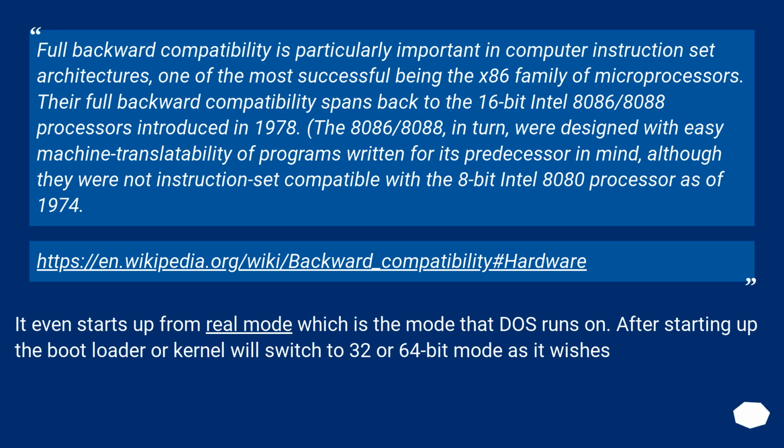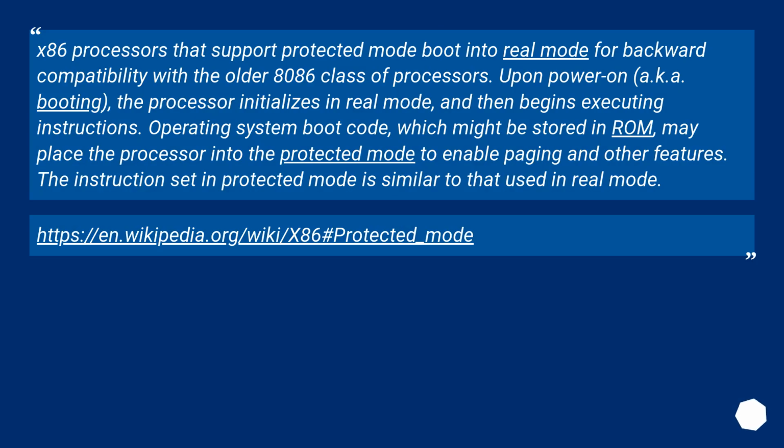It even starts up in real mode, which is the mode that DOS runs on. After starting up, the bootloader or kernel will switch to 32 or 64-bit mode as it wishes. x86 processors that support protected mode boot into real mode for backward compatibility with the older 8086 class of processors.